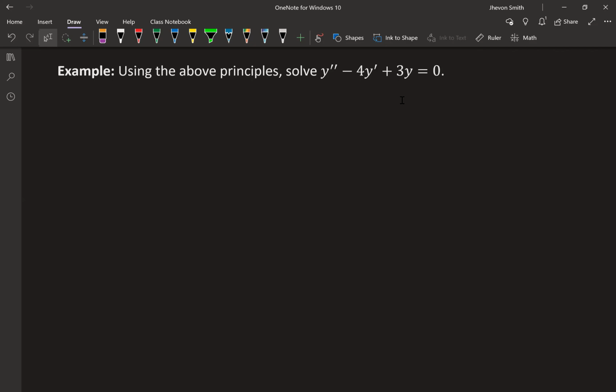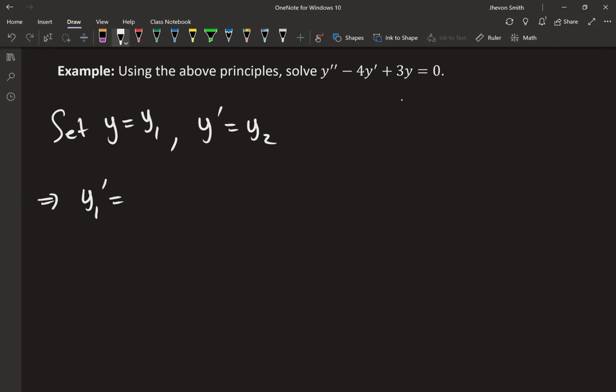How would I go about getting the system? Well, set y equals y1 and y prime equals y2. This gives me some immediate things. If I take y1 prime, I would get y2. And if I take y2 prime, I would get y double prime.